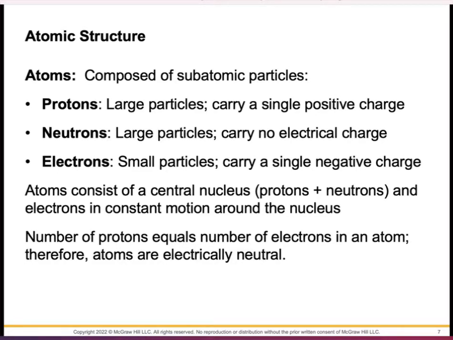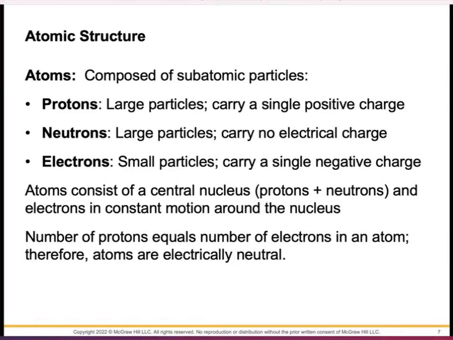Remember, our large proton particles carry a positive charge and are designated by a P. The extremely small particles that we know are known as the electron. These have a negative charge, and they are designated by an E. And in atoms, neutrons, which are considered relatively large in size, just like our proton, have no charge, okay? They are electrically neutral.